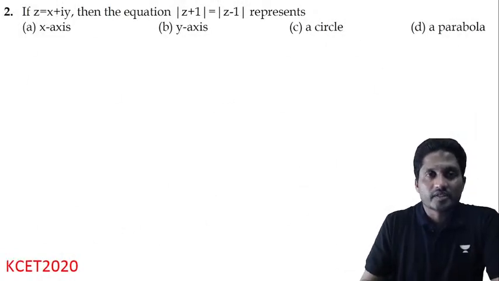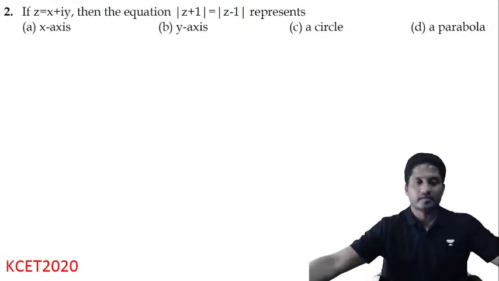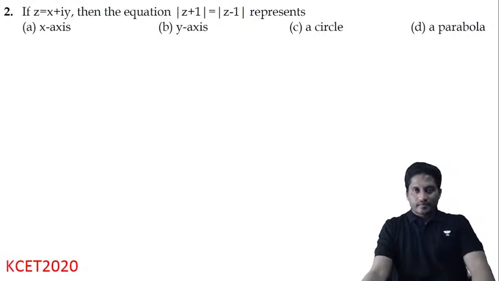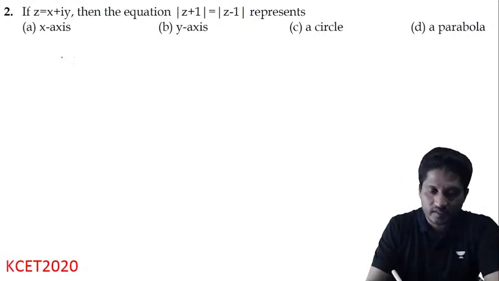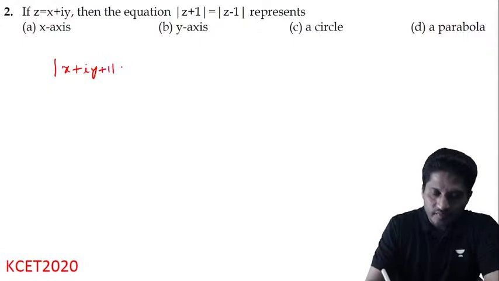If z is equal to x plus iy, then the equation mod of z plus 1 is equal to mod of z minus 1 represents what? Now I'm going to take z is equal to x plus iy. Modulus of x plus iy plus 1 is equal to modulus of x plus iy minus 1.